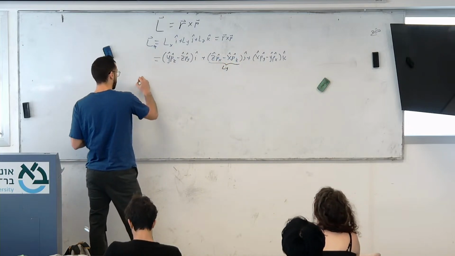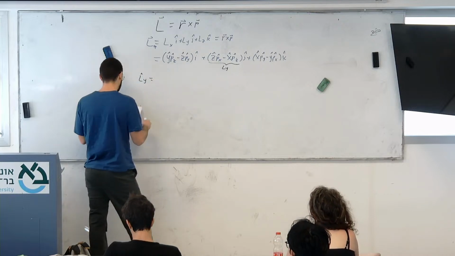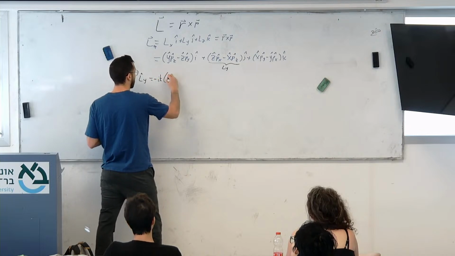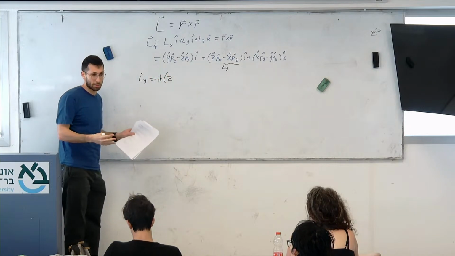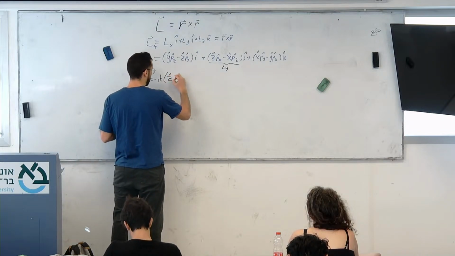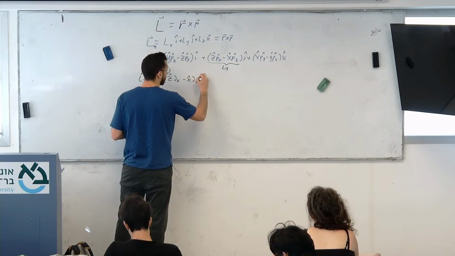Let's write the Ly operator. We can write it as minus iħ. This is in regular space, not in momentum space. You can write it as Z operator ∂x minus X operator ∂z.